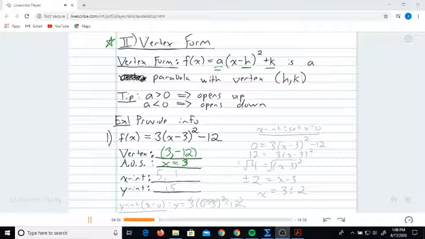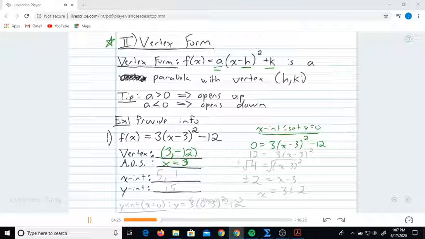Now the x-intercepts, we solved these in the last unit. What we need to do is set y equal to 0. So for the x-intercepts, we're going to set that y value equal to 0 and solve. The trick for solving this is we're going to use the square root property.